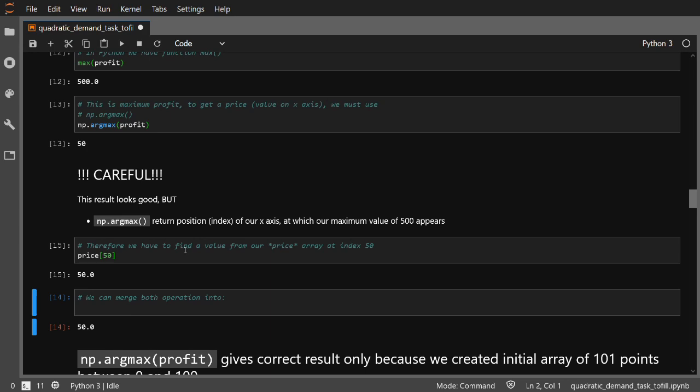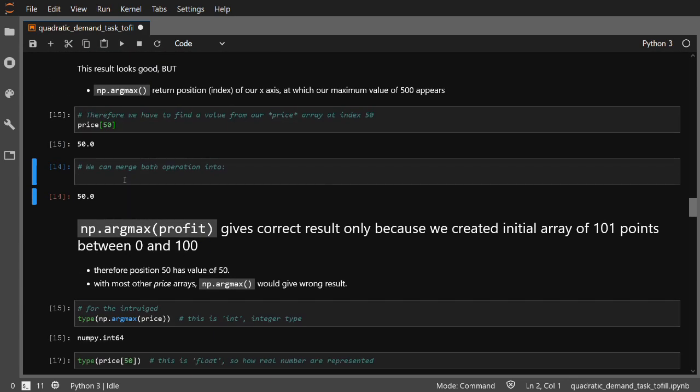The return is again 50. We can also merge both operations together. So we have price, and now indexing, square brackets, and now the argument of the function. So np.argmax, and there goes profit. And we get the result 50 right away.